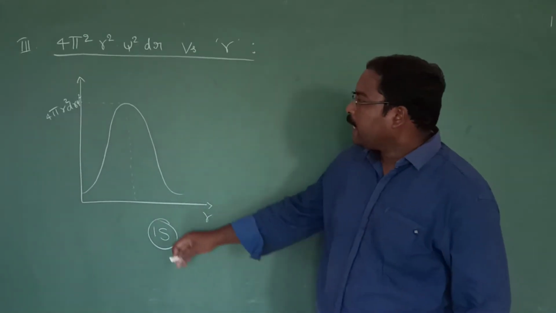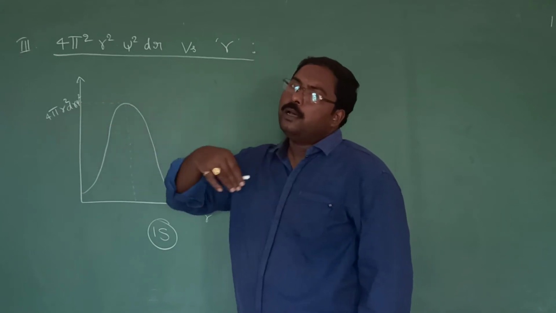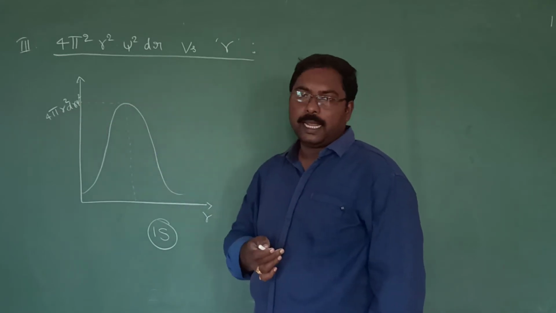So we got one peak. Okay? What does this peak represent? This peak represents the maximum probability of finding the electron, because I told you this probability function is nothing but the probability of finding the electron.